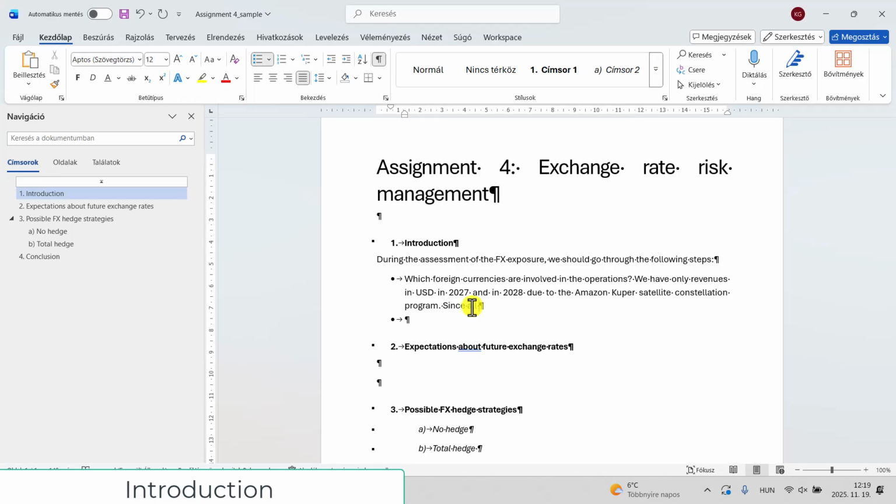And since all other equipment and components are made in-house, we have no expenditures.